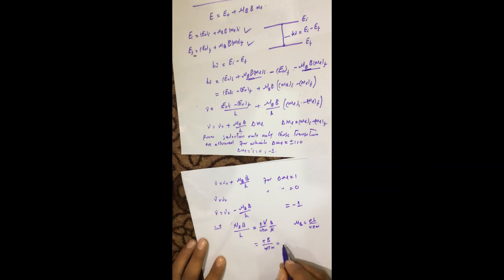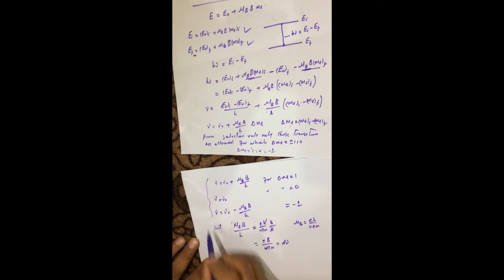And I call this the change in frequency, delta nu. Then these three expressions are now modified to nu is equal to nu naught plus delta nu, nu is equal to nu naught, and nu is equal to nu naught minus delta nu.